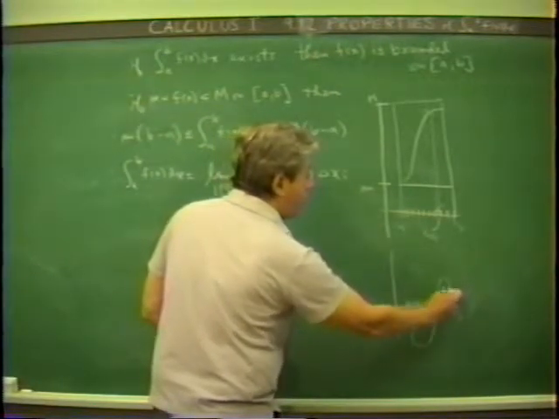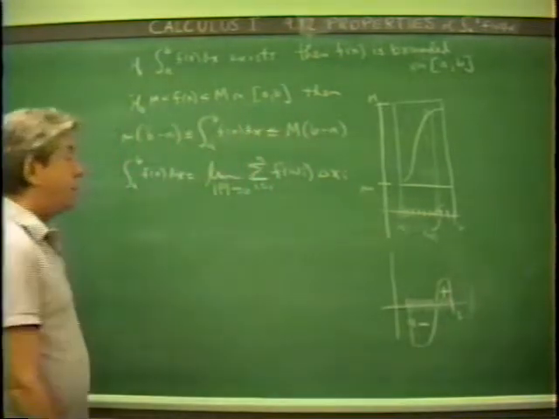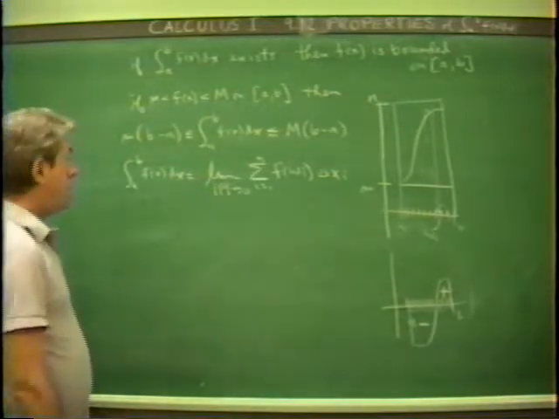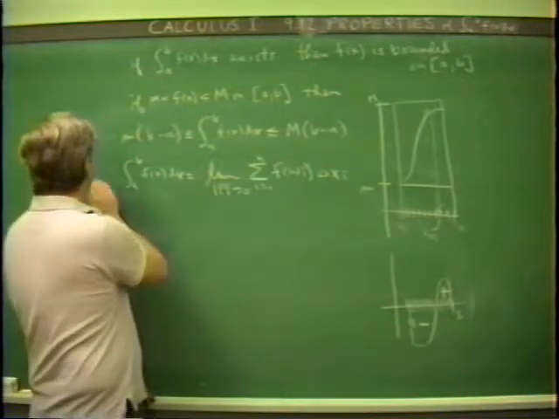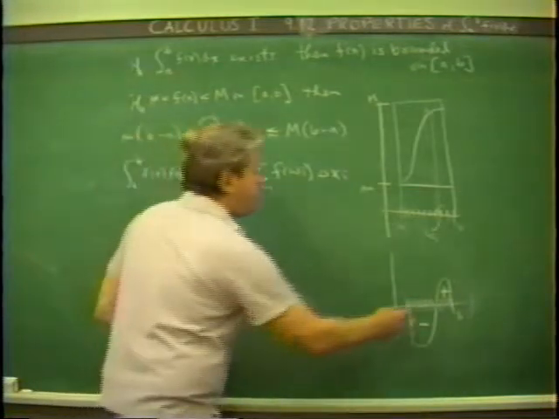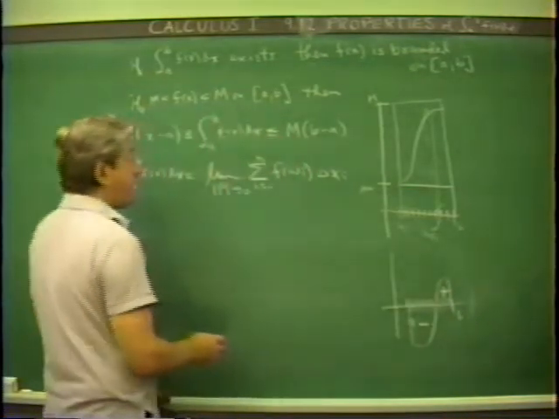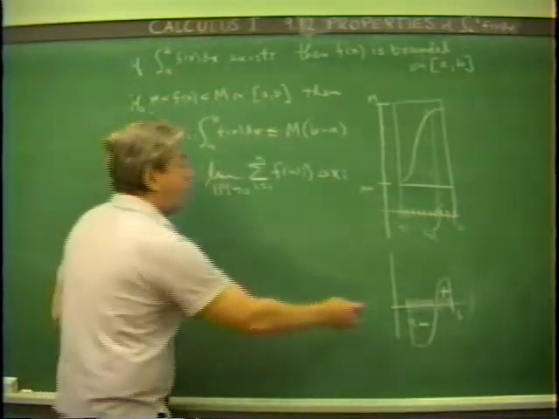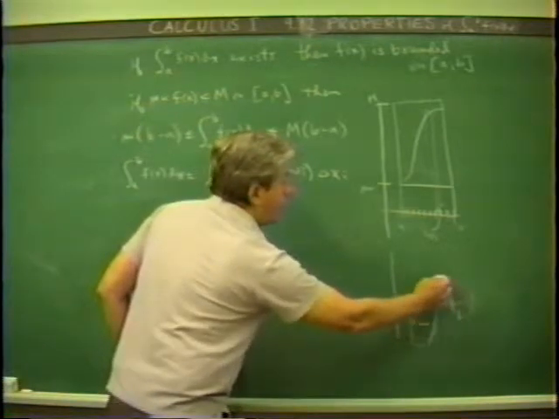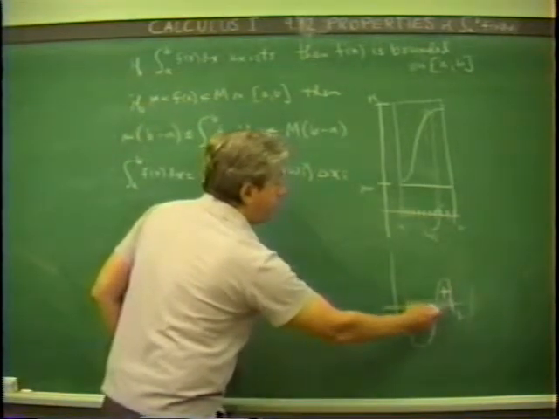So the resulting partition sum is approximately going to be this area here subtracted from this positive one here. All right? So the integral is not going to represent area specifically.